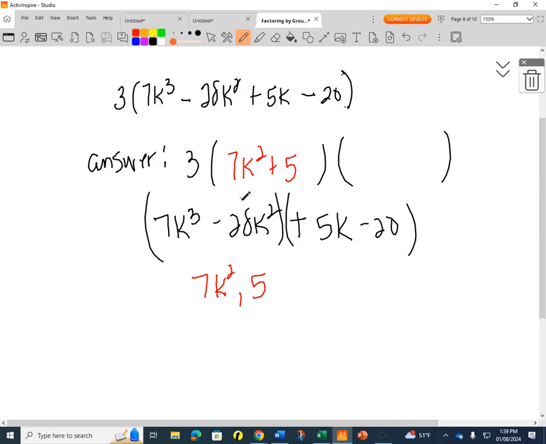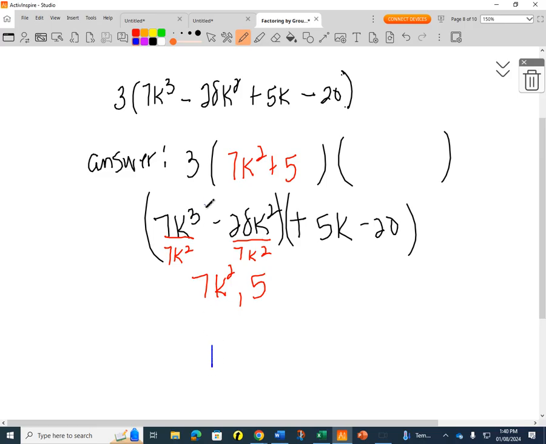Now how do we find the second factor? We divide. What do we divide and what do we divide it by? We divide 7k cubed minus 28k squared by its greatest common factor, 7k squared. 7 divided by 7 is 1.